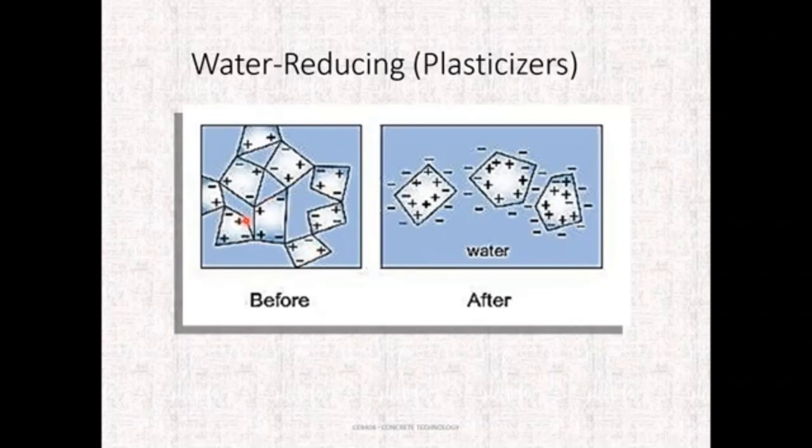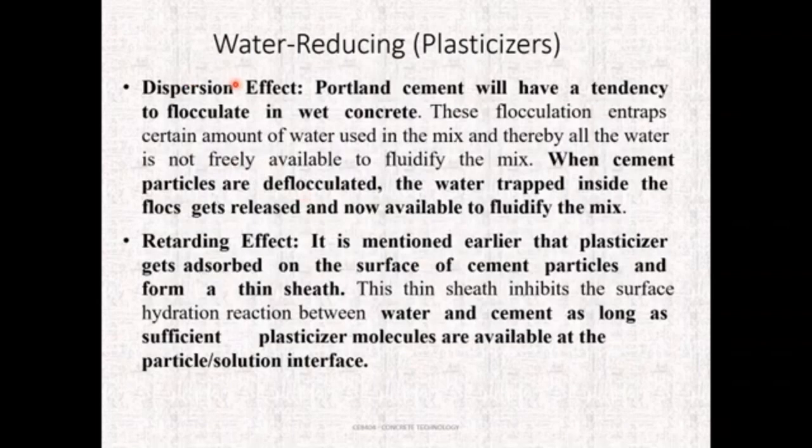So, if the concrete is deflocculated, then the entrapped water can be used for workability. That is the concept of the dispersion effect. When the cement particles are deflocculated, the water trapped inside the concrete gets released and is now available for the fluidity of the mix.